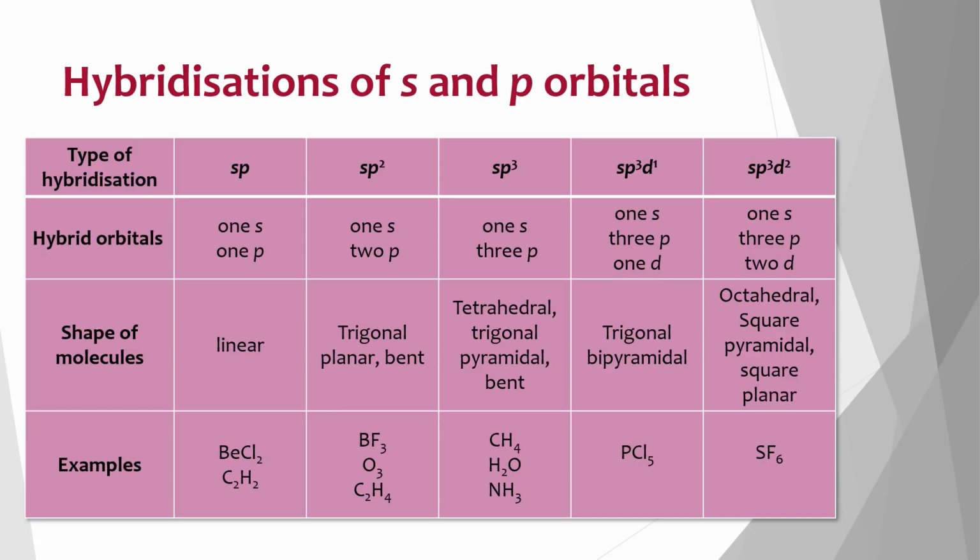Next, for sp3, one s orbital is used and all of the p orbitals will be used to form the hybrid orbital. Next, you have sp3d1, which means one s orbital is used, 3 p orbitals are used, and also one of the d orbitals will be used to form a hybrid orbital, and so on.